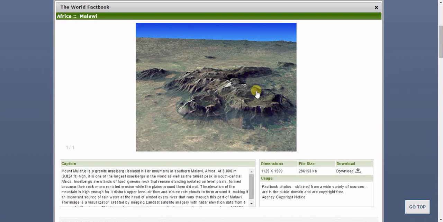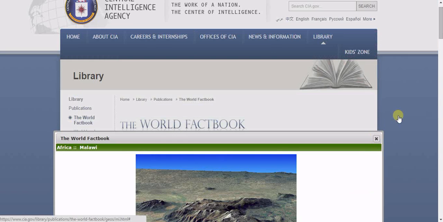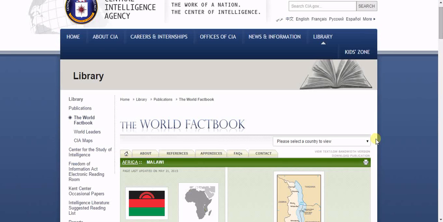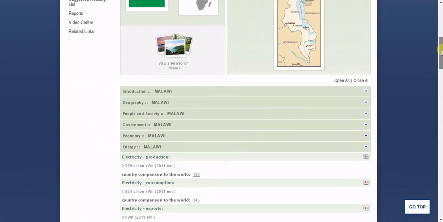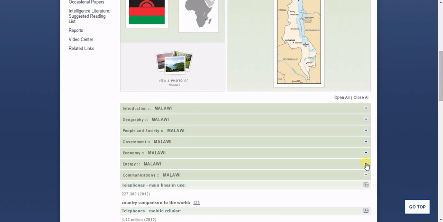So that's something that I could grab and include in my Glogster if I wanted to, as long as I make sure that I cite my source and where I got that from, because we always want to make sure that we're giving credit to the people who put all the information together. So this is how you can use the World Factbook to find the information you need for your report, for your country project.